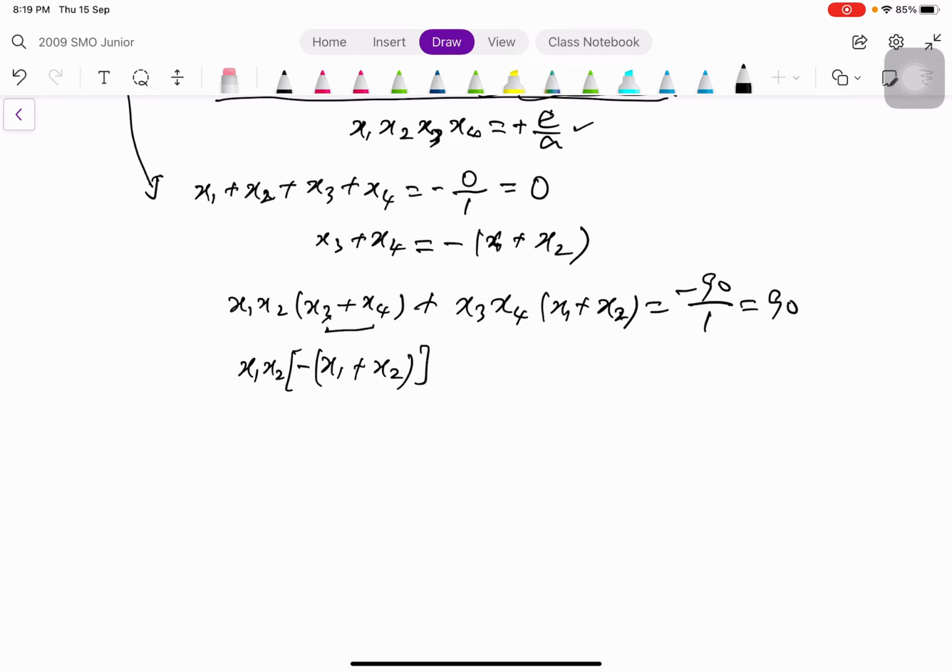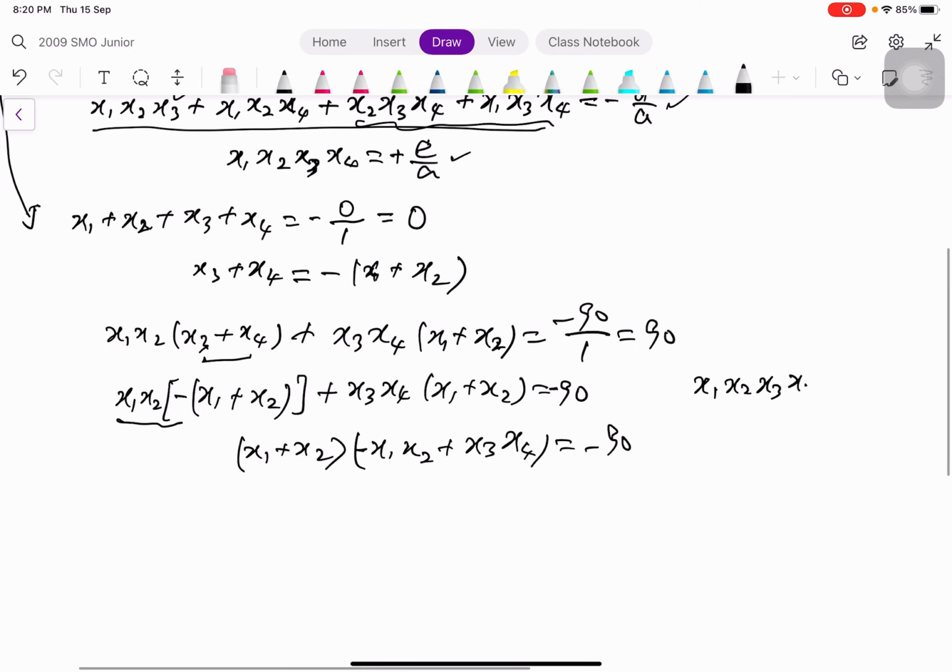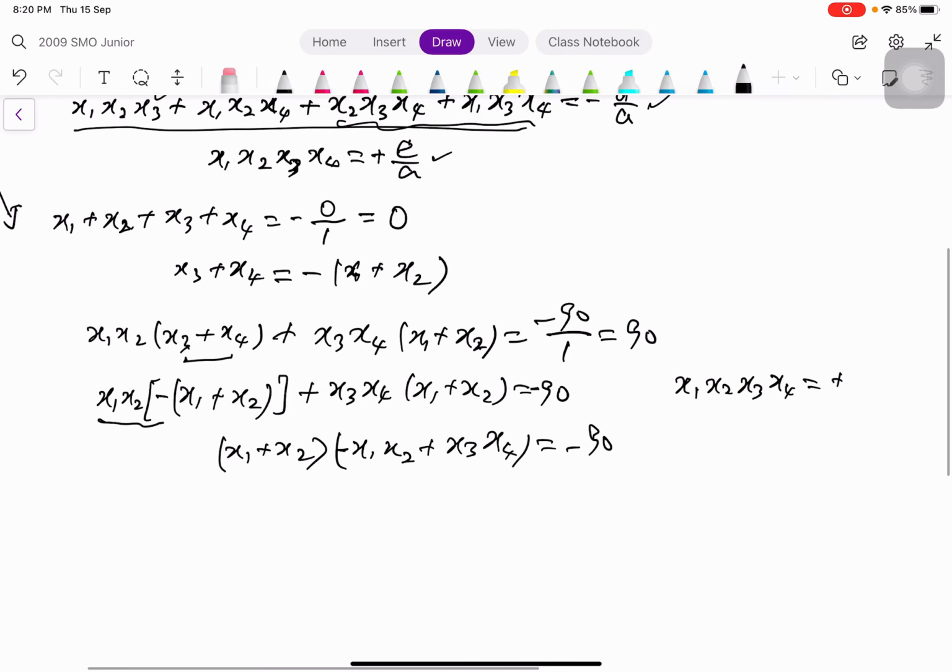But the thing is, the product of the 4 roots is negative 2009. Therefore, let me do the last one. x1 times x2 times x3 times x4 is equal to positive, which is the negative of 2009 divided by 1.